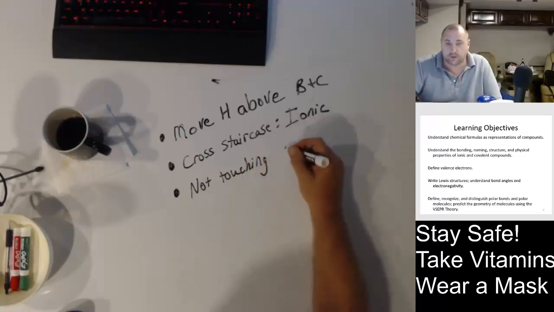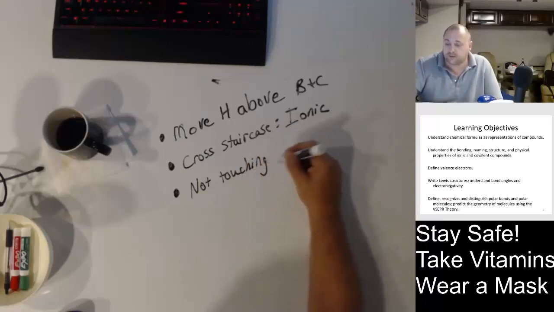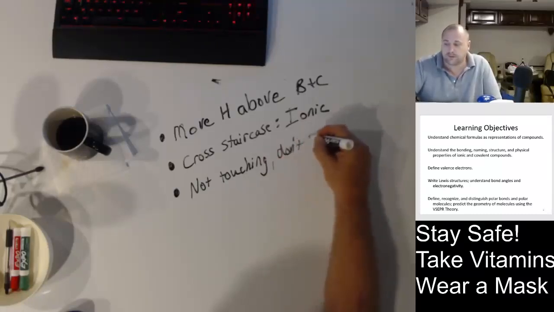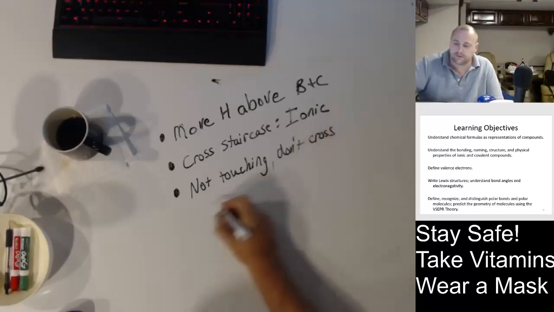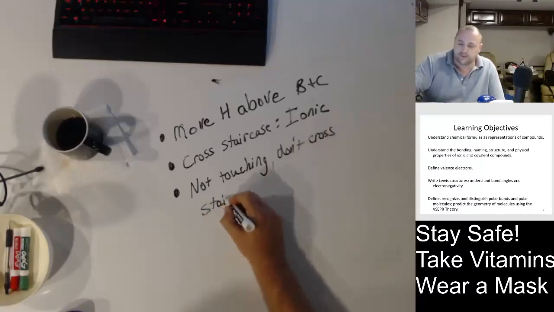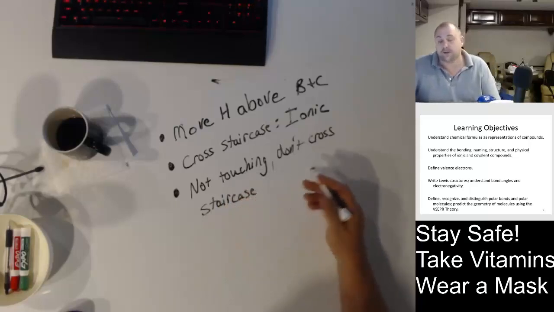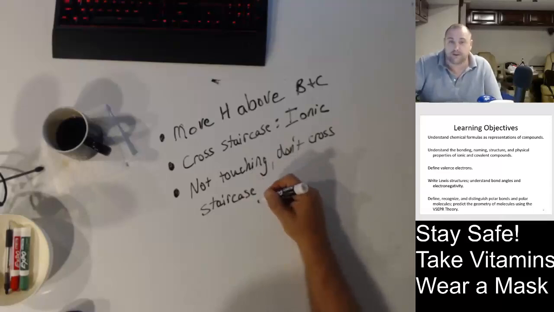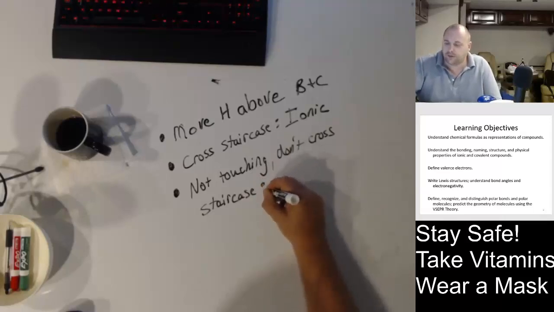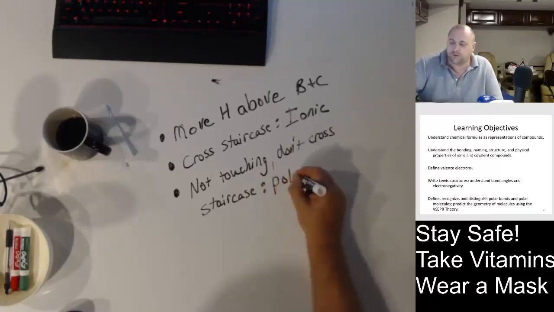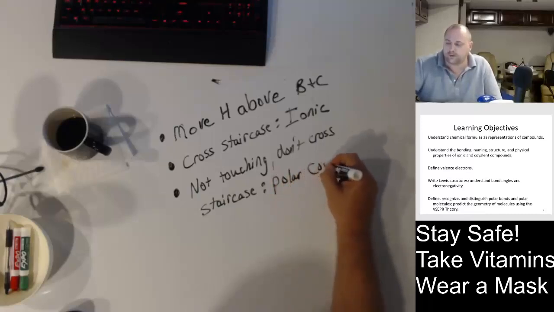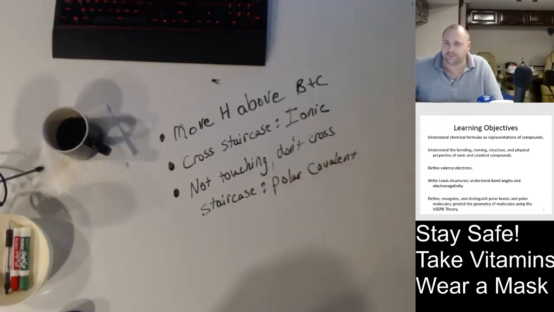When we say touching, don't count the corners. They're going to have similar electronegativities, but they're different enough that they don't share equally. In other words, these are polar covalent.